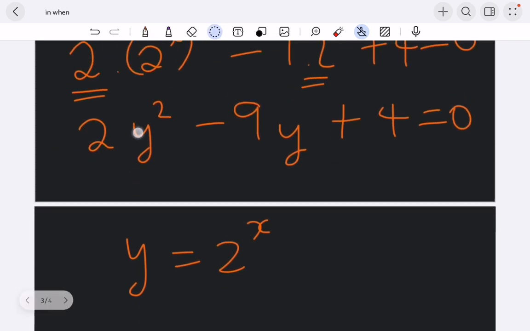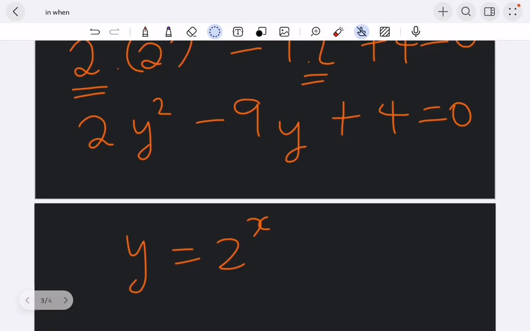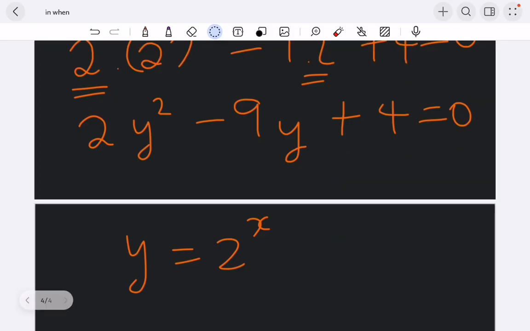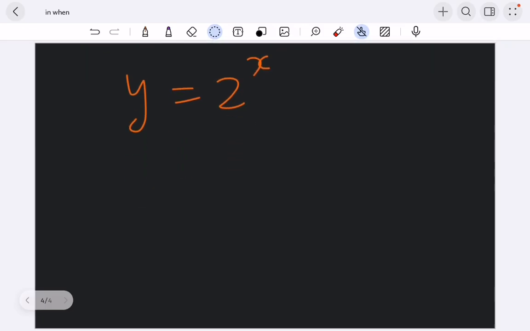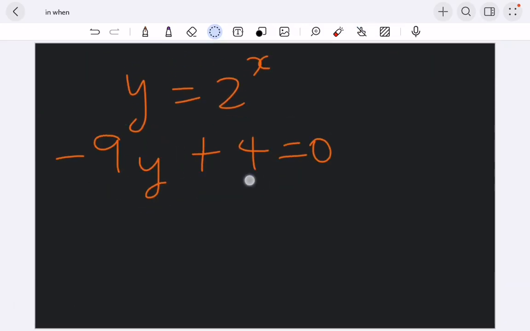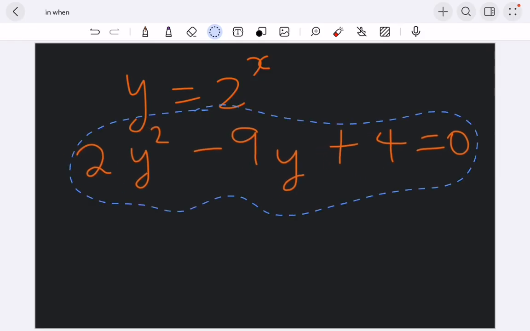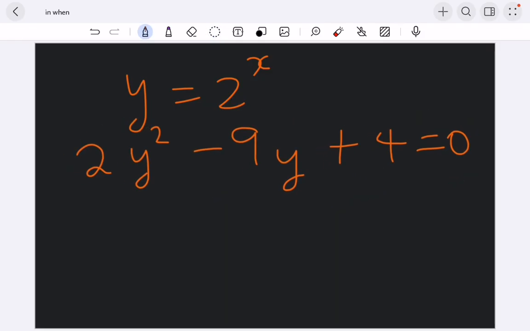So I'm just going to copy this part and bring it down with me, paste. Okay, so there you go. It's simple really. So what do we have here? Well, we can divide all of this by 2.